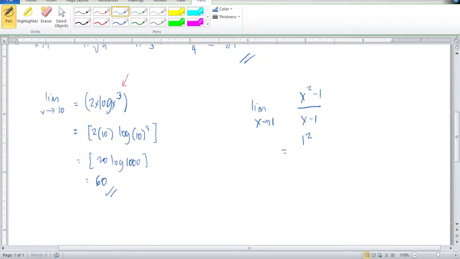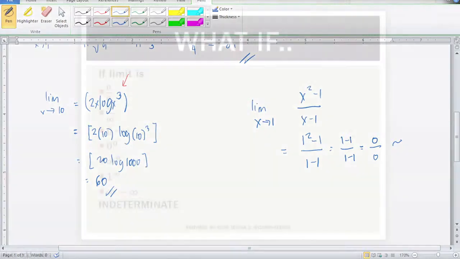So 1 squared minus 1 over 1 minus 1. What can you observe? 1 squared, how much? It will be 1. So 1 minus 1, how much? 0. 1 minus 1, another 0. So as you can see, this is 0 over 0. Now if you could recall, what is the result if our answer is 0 over 0?